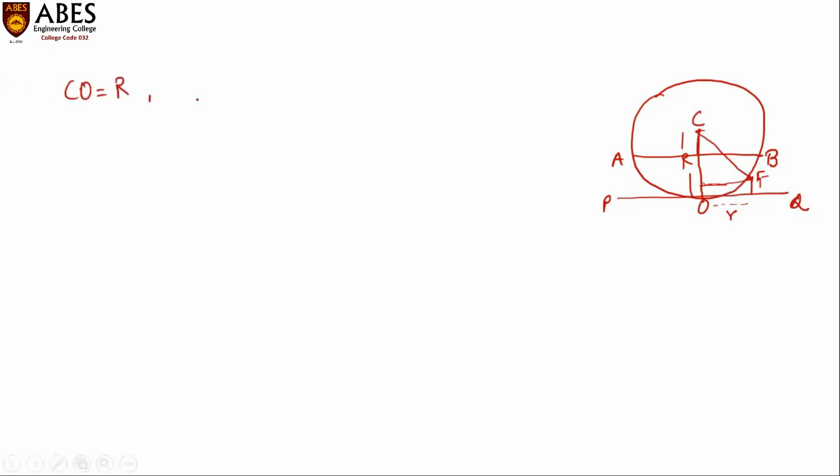CO is equal to capital R, and with E as the foot of the perpendicular, CE is equal to R minus t, because FG is the thickness of the film t, and LE is also t. So CE is equal to R minus t.